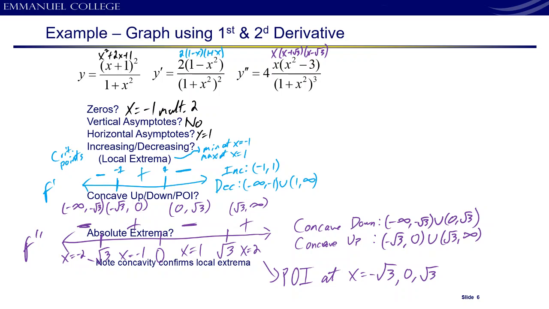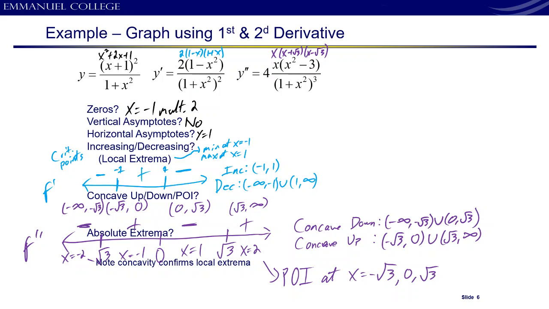So notice also where our local minimum occurred. Notice it was at negative 1. We knew that was a critical point because the derivative changed directions.